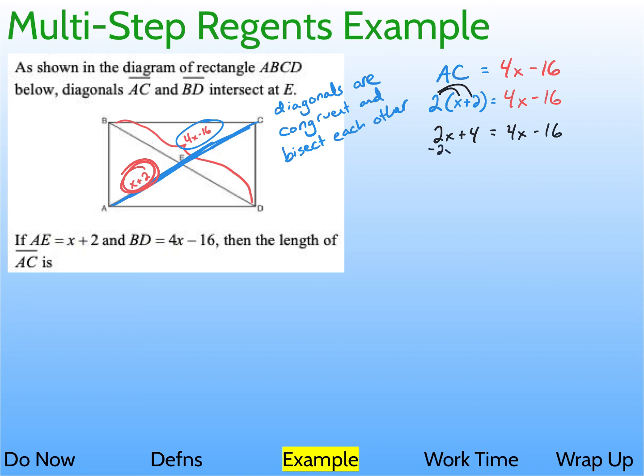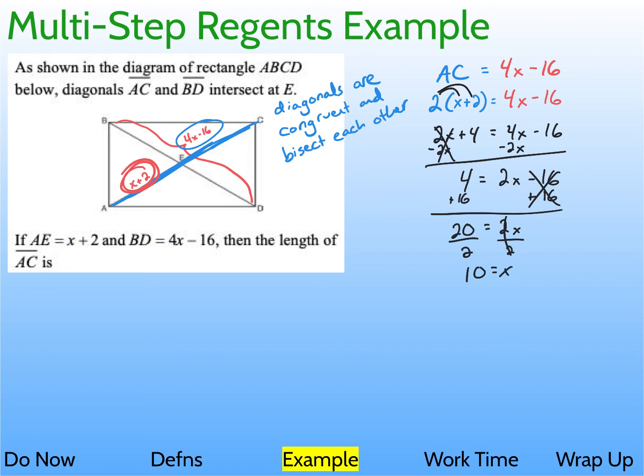And I'm going to subtract the 2x to get the x's to the same side. That cancels. You're left with 4 equals 2x minus 16. Add 16 to both sides. Cancels out. We get 20 equals 2x. Divide by 2. And x equals 10.